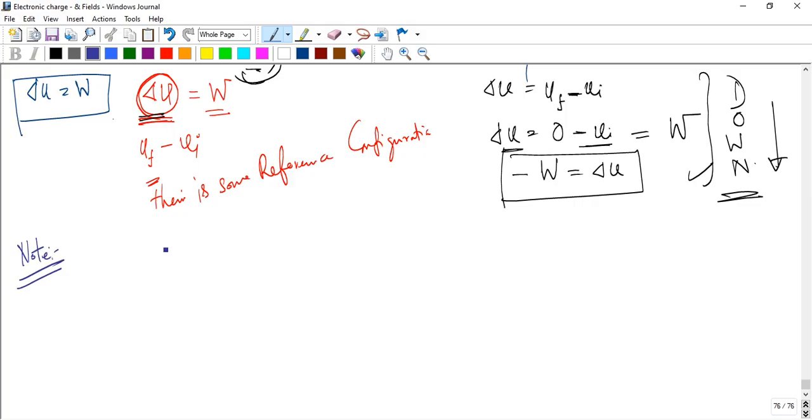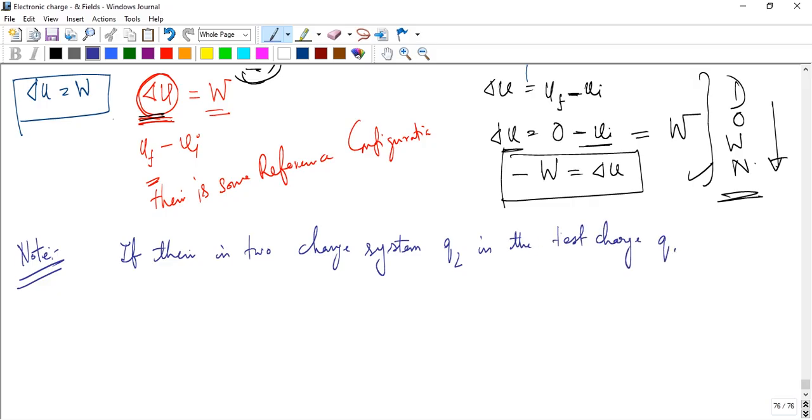If there is a two charge system, Q2 is the test charge and Q1 is the source charge.